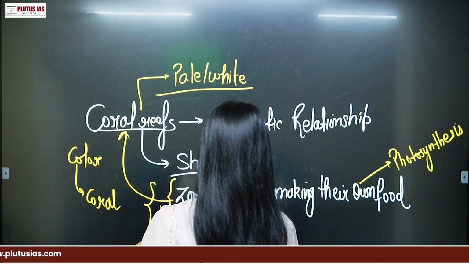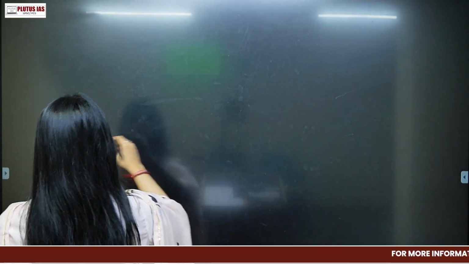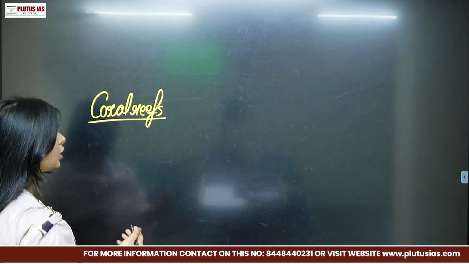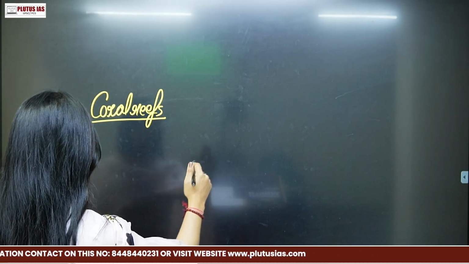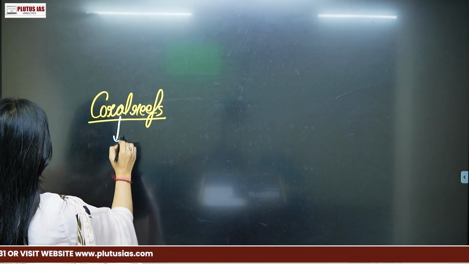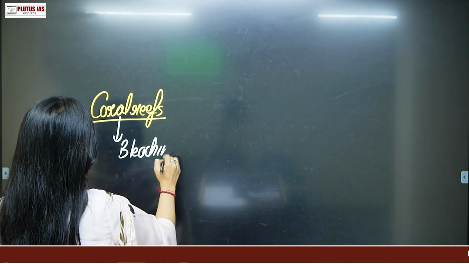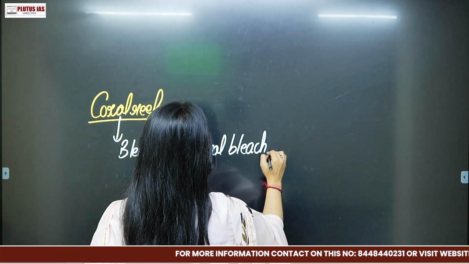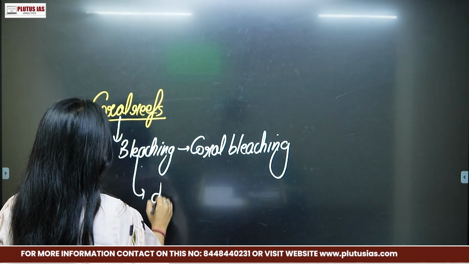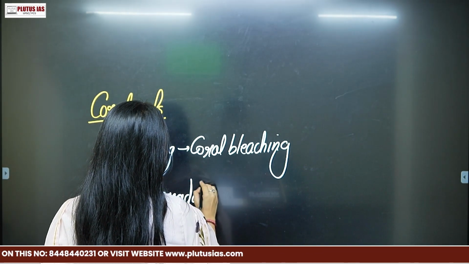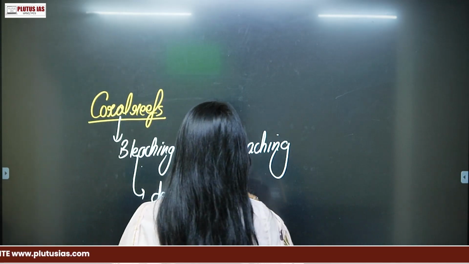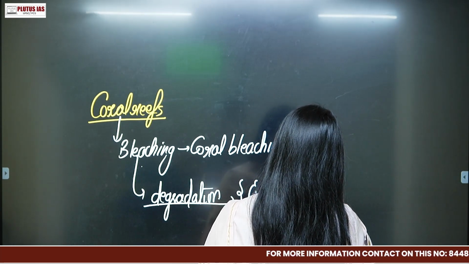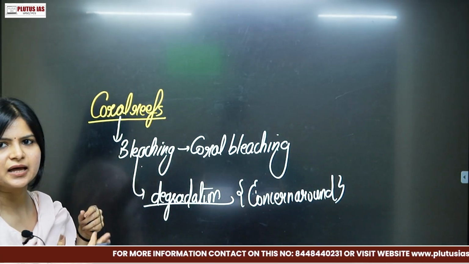Now apart from that, coral reefs also go through a lot of diseases, for example bleaching, which we call coral bleaching. This coral bleaching is basically the degradation of the coral reefs, and this has been a major concern around the globe because the degradation of the coral reefs is happening, right?